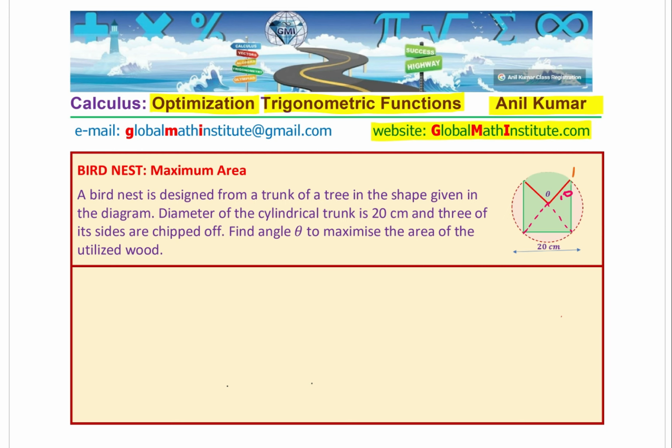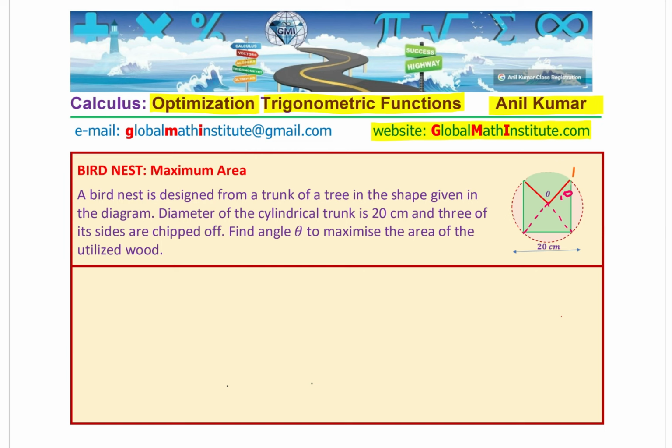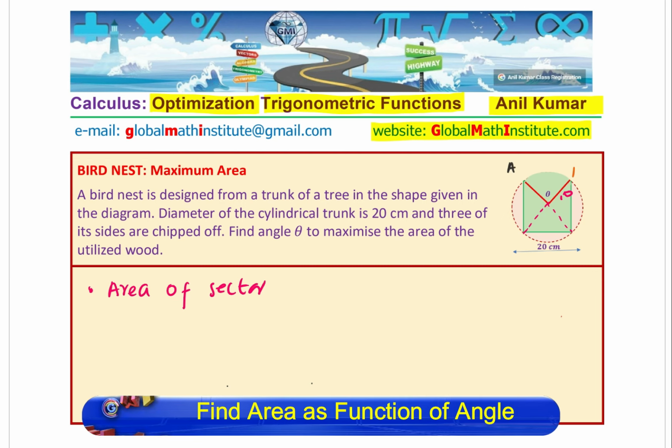So the steps involved are, first, area of sector. So let's label them for better communication. Let's say A, B, C and D, right? O being the center. So we're talking about area of sector. Let me give you the formula here.